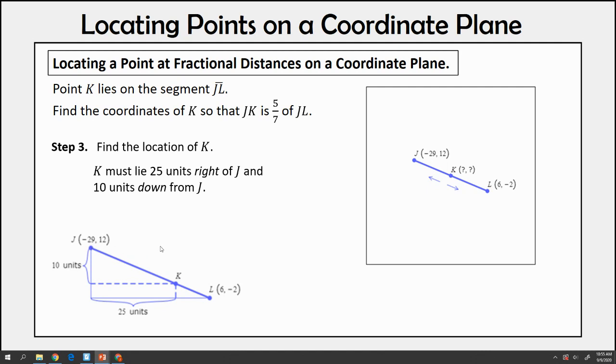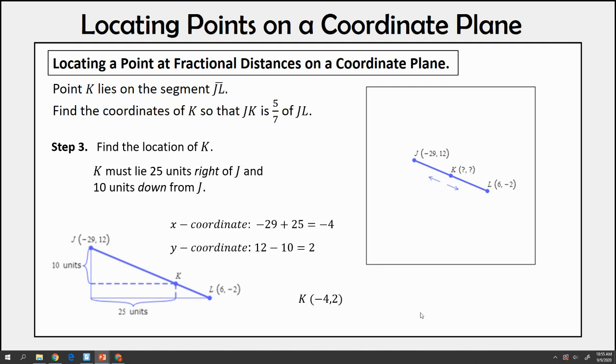So we want to go to the right 25, down 10, and that's going to be the location of K. For the x coordinate, we want to go to the right, so we add 25. -29 plus 25 is -4. For the y coordinate, we want to go down, so we subtract 10. 12 minus 10 is 2. So the new coordinate for point K is going to be at -4, 2.